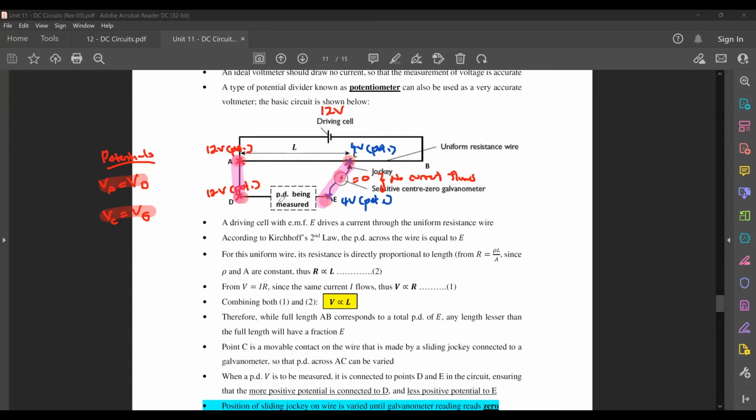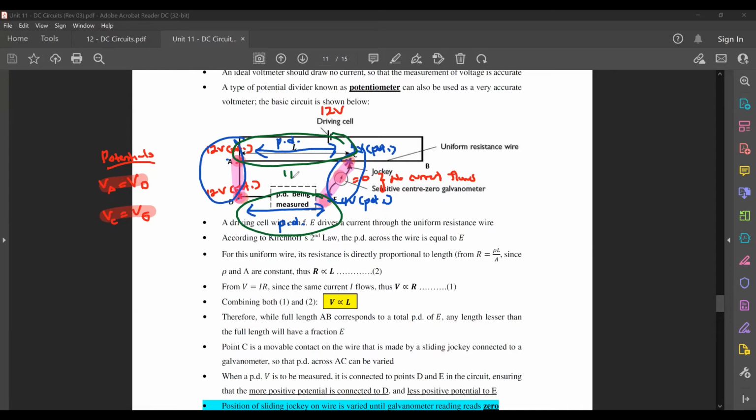Now, it's because of this that you will eventually be able to see that the difference in potential between D and E would be the same as the difference in potential between A and C. Because you see, potential here is the same, potential here is the same, therefore the difference in potential here would be the same as the difference in potential here.